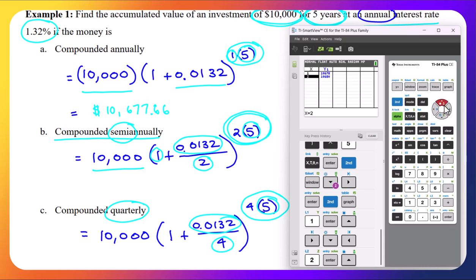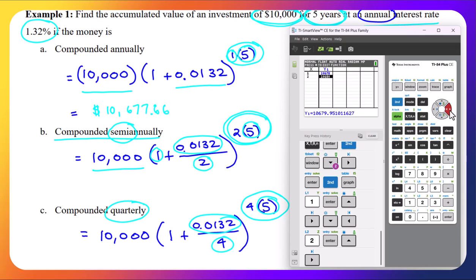And if I go on to that answer, we see that we have $10,679.95. So the more often I compound interest on interest, I get a bit more money.